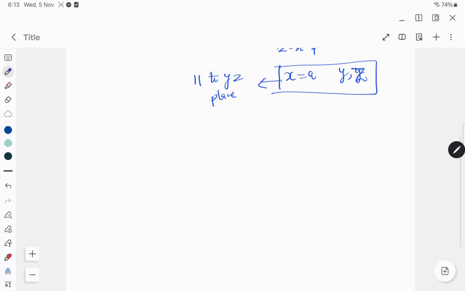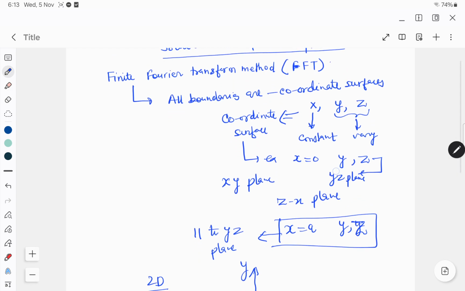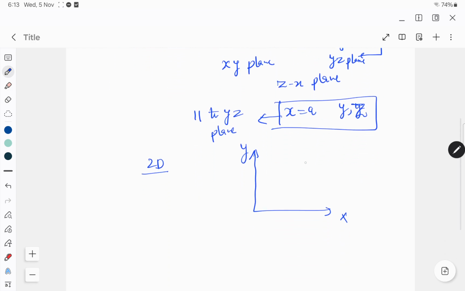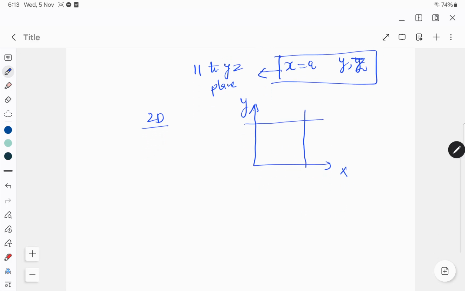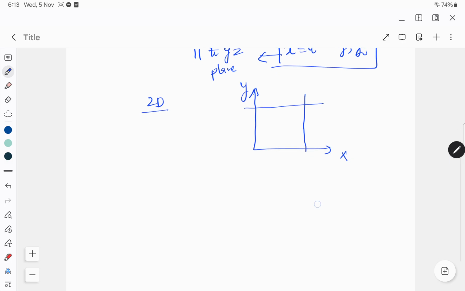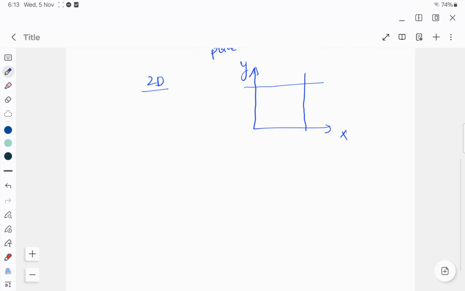In 2D, suppose this is the x axis and this is the y axis. These are coordinate surfaces. Suppose this is the boundary: it is parallel to either the y axis or the x axis, or the x axis or y axis itself in the case of semi-infinite boundaries. That is a 2D example.